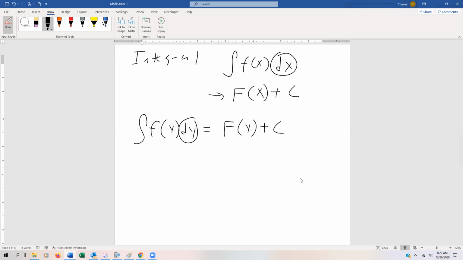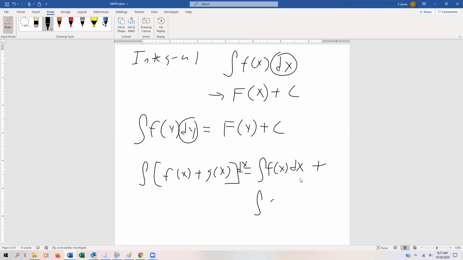But the good news is that many of the rules, in fact, all of the rules for antiderivatives are going to hold true for integrals. So for instance, if we took the integral of two functions, let's say f of x plus g of x, and this is just an example, that would be equal to the integral of f dx plus the integral of g dx.